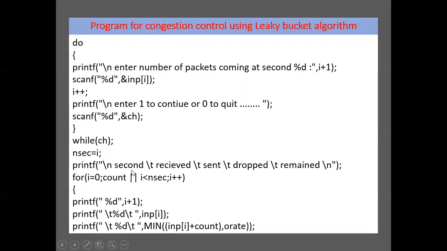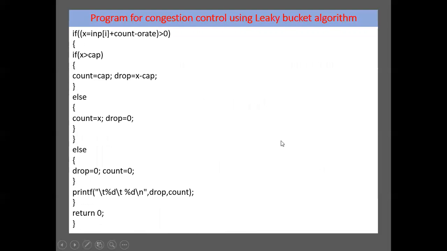So this is the statement we need to print, and the same values we are printing in the print statement. First we printed second, next received, next sent items based on the minimum value. Next, we need to find out the dropped and remained.